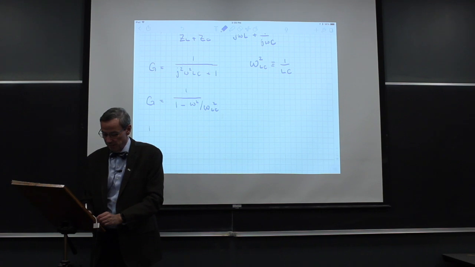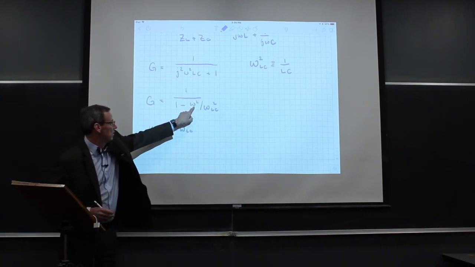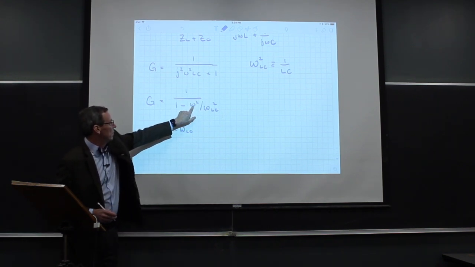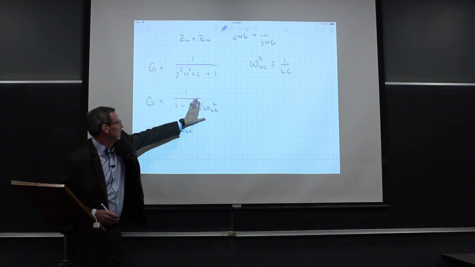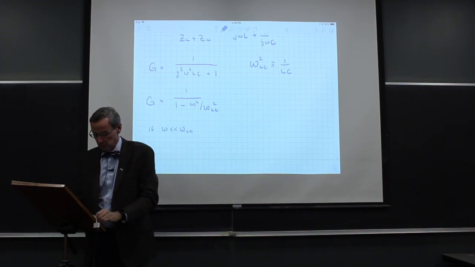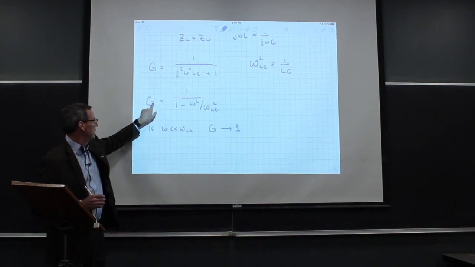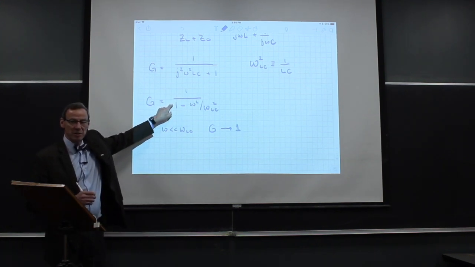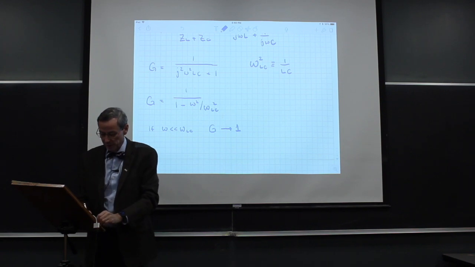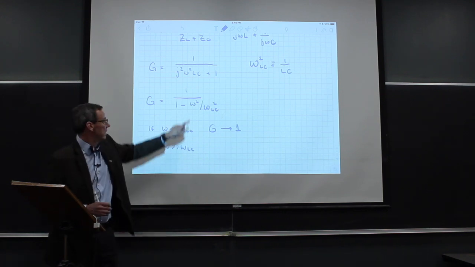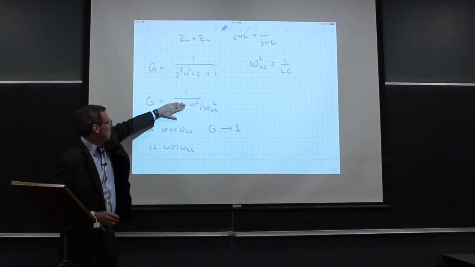If omega is small compared to this frequency, so this is a small number, then this is going to be basically nothing, and the gain is going to go to 1. So for low frequencies, it just lets the signal through. It doesn't do anything, just a factor of 1. If omega is large compared to omega LC, so this becomes a big number, then that part doesn't matter.